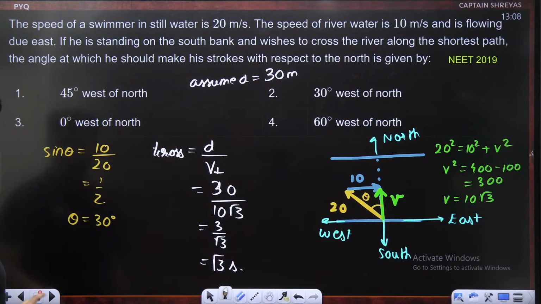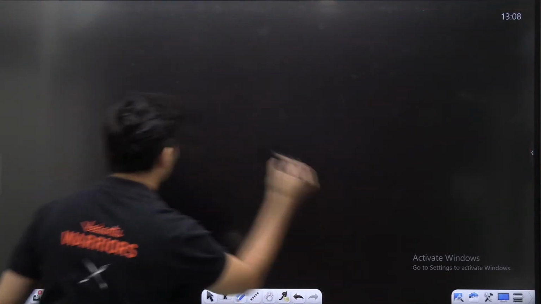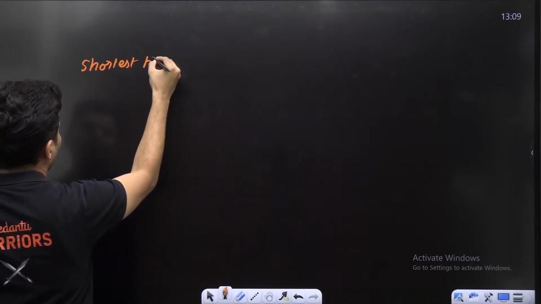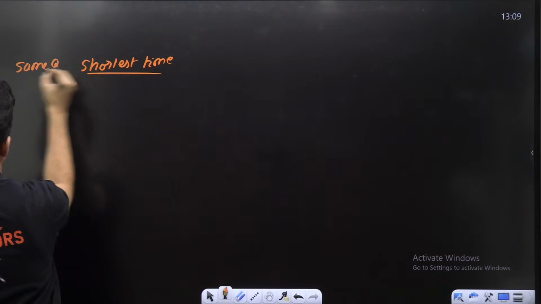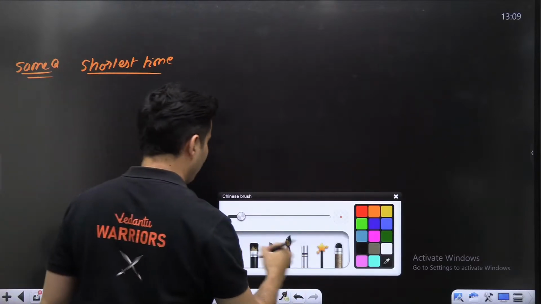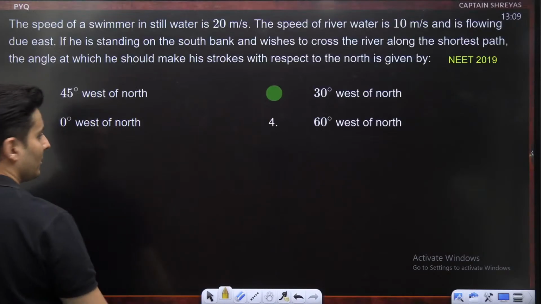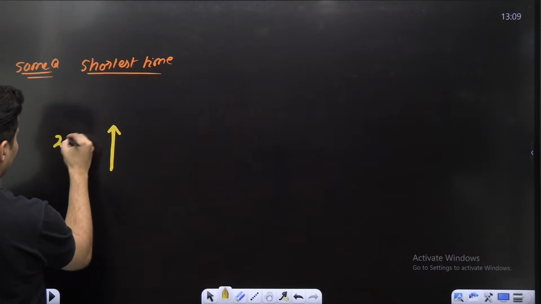Imagine the same question was modified for shortest time. Then what will happen? Just think about it. Your velocity of 20 will be directed like this.